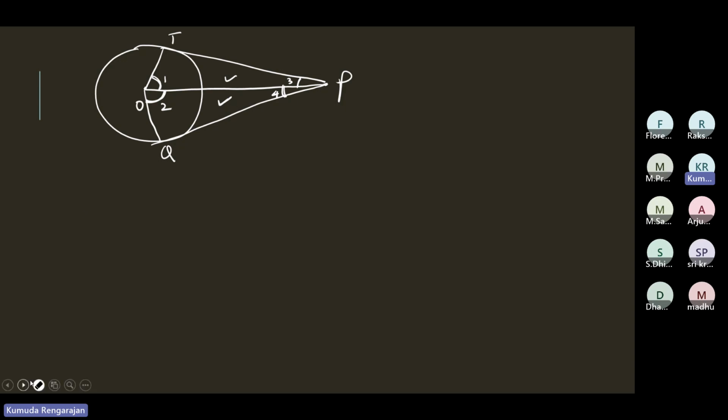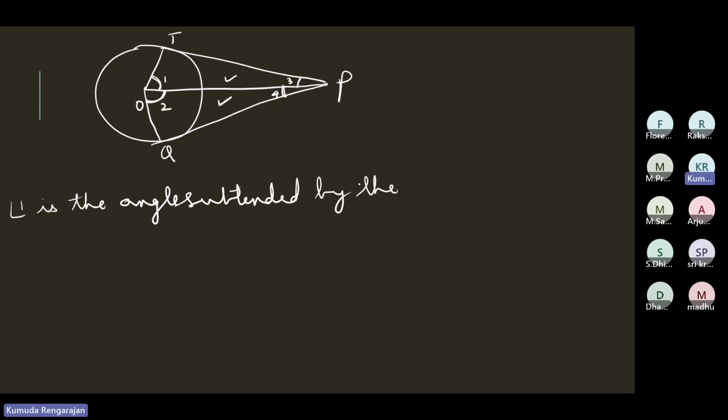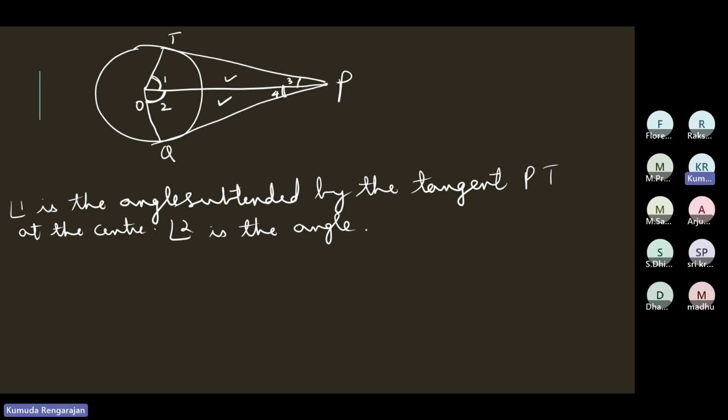What is angle 1? Angle 1 is the angle subtended by the tangent PT at the center. Angle 2 is the angle subtended by PQ at the center.